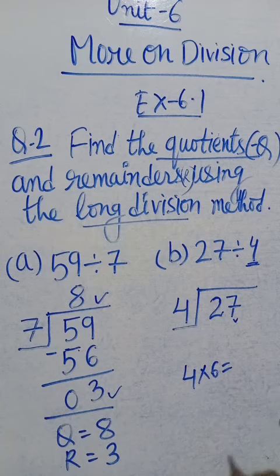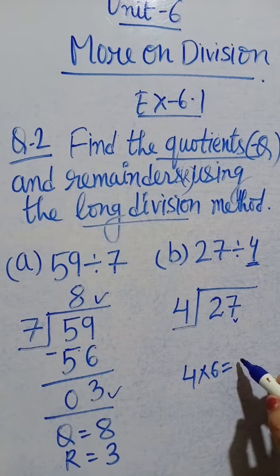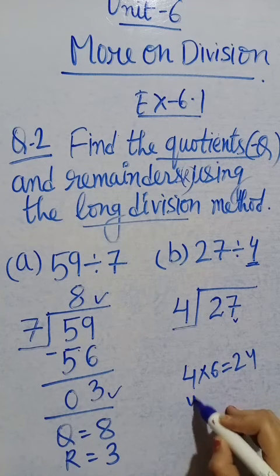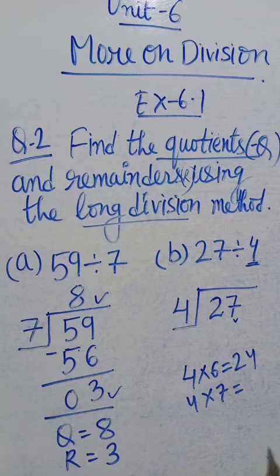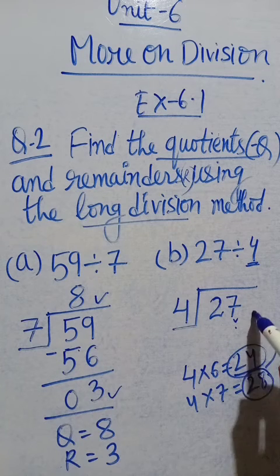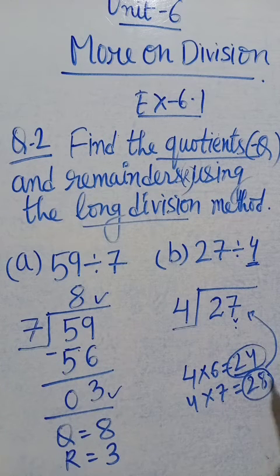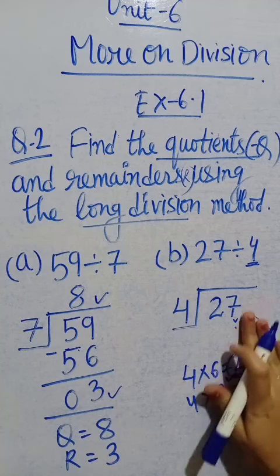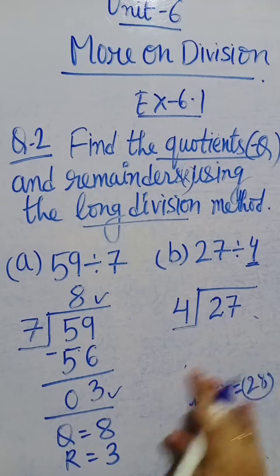And 4 7s are 28. So 24 is less than 27 and 28 is more than 27, so we have to go with the lesser number. So we will take 6 as the quotient.